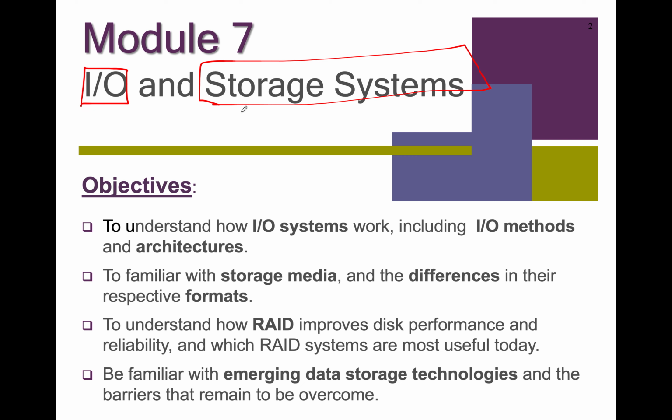In our module 7 there are two main topics: the input output architecture and also data storage. But before you go deeper, you're going to learn the introduction. After you have done everything, we're going to summarize our input output and storage system. So let's take a look at the introduction.